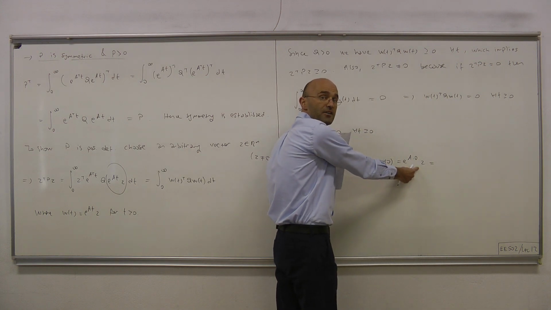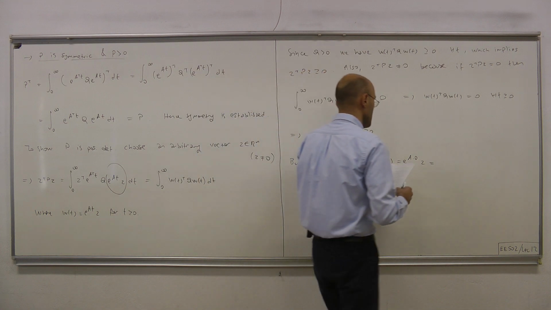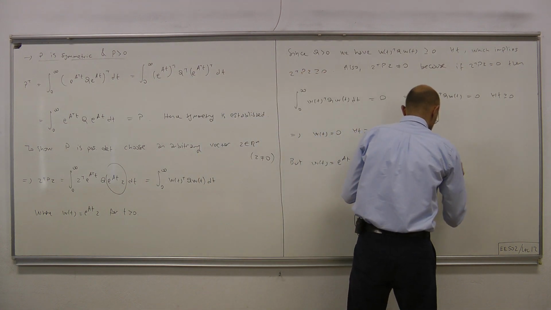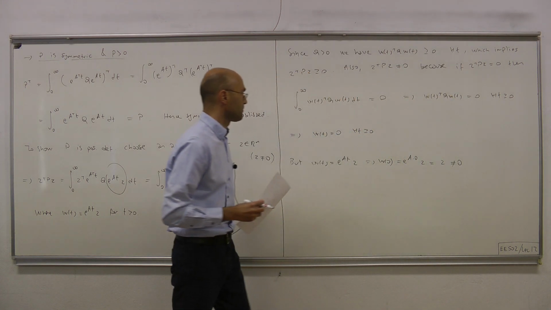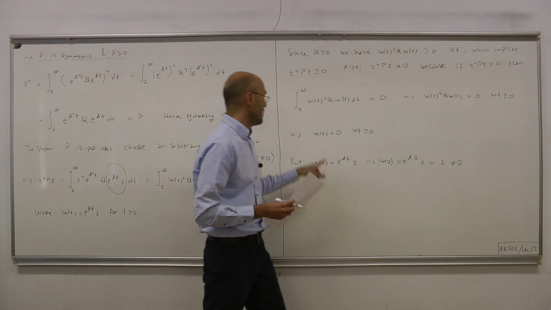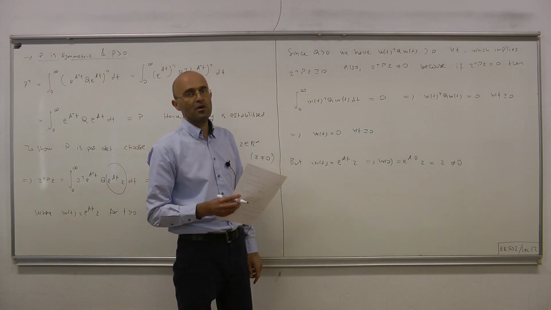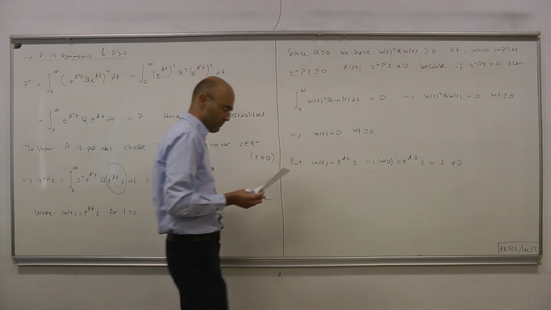This is the identity matrix by the property of the state transition matrix. Identity times z produces z, and z is different than 0. So here we have w of t different than 0, and here we have w of t equals 0. Clearly it cannot satisfy both, so we have a contradiction.